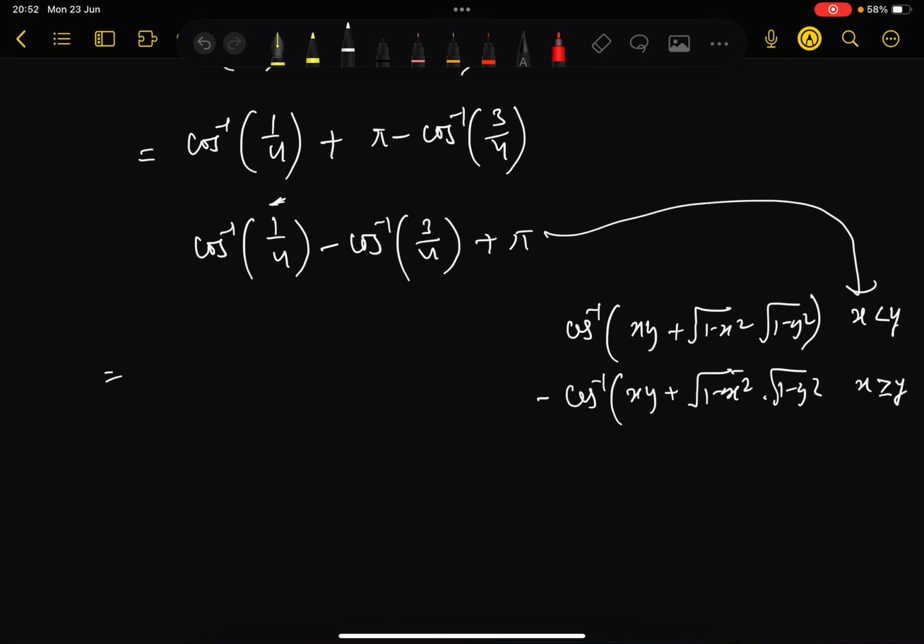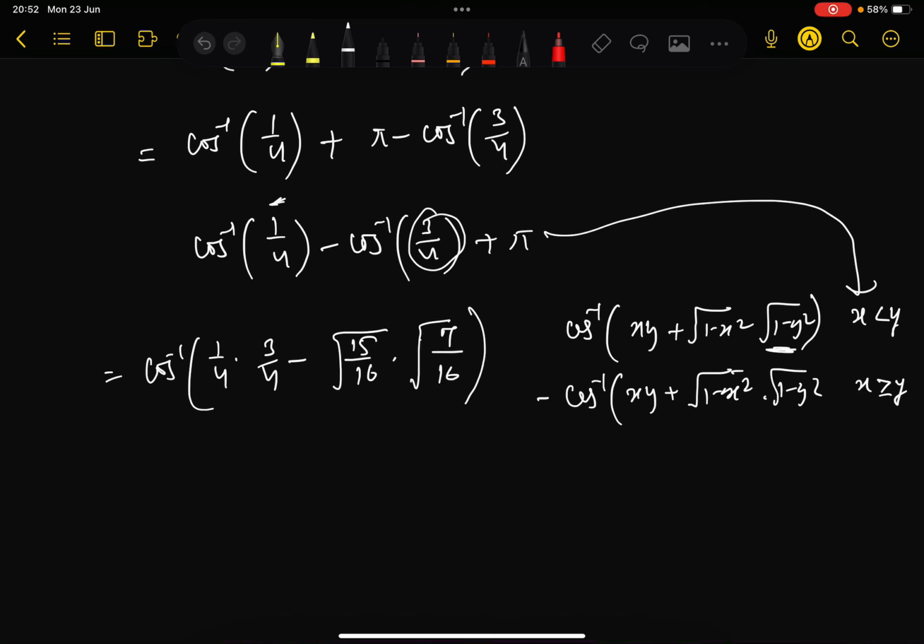So now just use the formula. Cos inverse of 1 by 4 into 3 by 4 minus the root of 1 minus whole square of 1 by 4, that is 16 minus 1, 15 by 16, into 1 minus y square, where this is y, so 1 minus whole square of 3 by 4, that is 9 by 16. This will become 16 minus 9, so that is root 7 by 16.